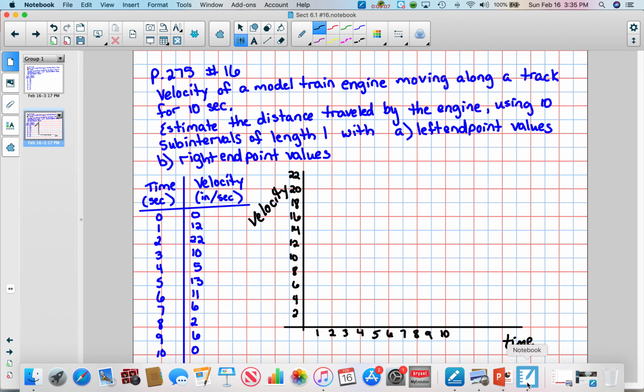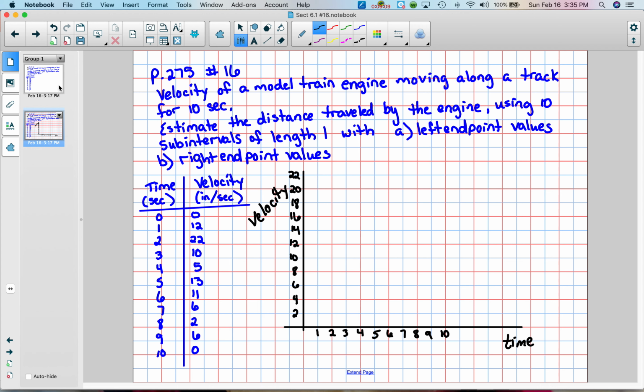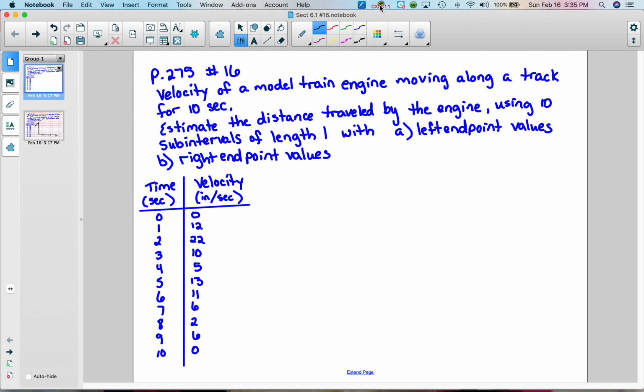I have an example for us to do similar to that. So this problem is number 16 from your textbook on page 275. So we have the velocity of a model train engine moving along a track for 10 seconds. And we are being asked to estimate the distance traveled by the engine during that 10 seconds using 10 subintervals of length 1.